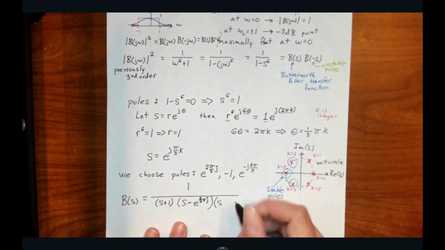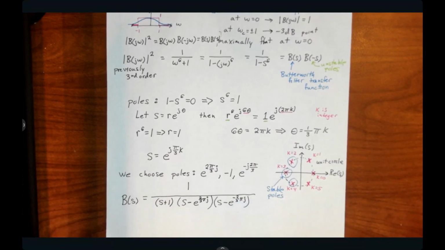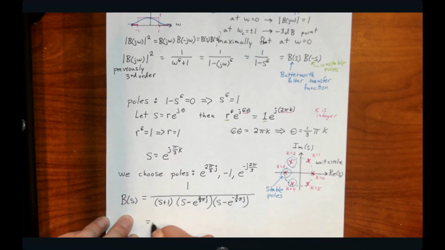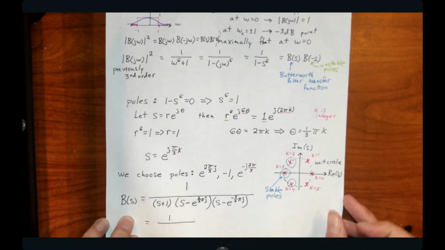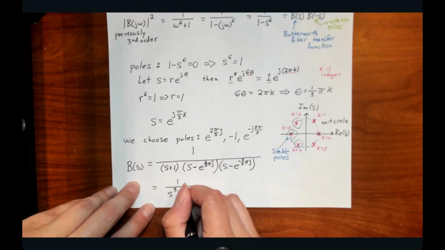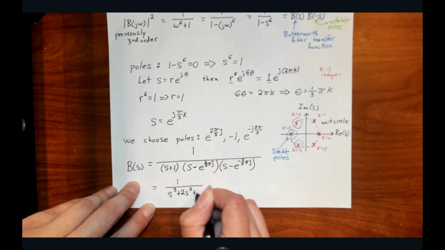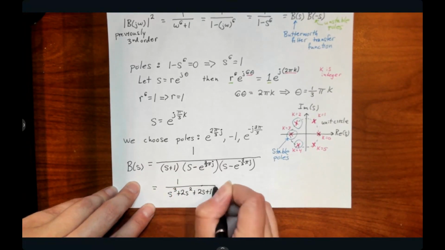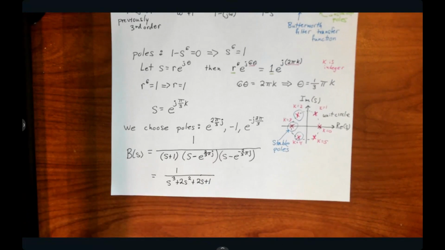And then substituting in, we also have our minus, like so. And so now if I was to multiply this out, I can reduce it down a little bit and get S cubed plus 2S squared plus 2S plus 1.